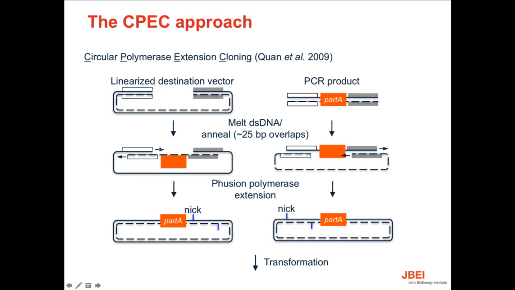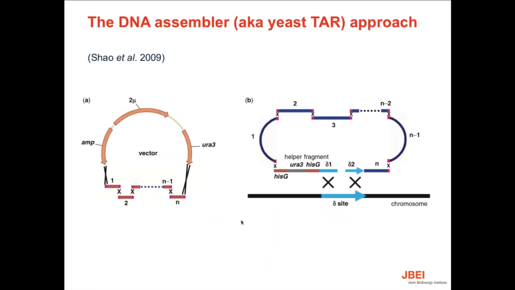So it's a different way of getting these guys together, but you still have the polymerase, which will then go all the way around the plasmid, for example, and then you're just left with a couple of nicks, which get fixed when you transform.